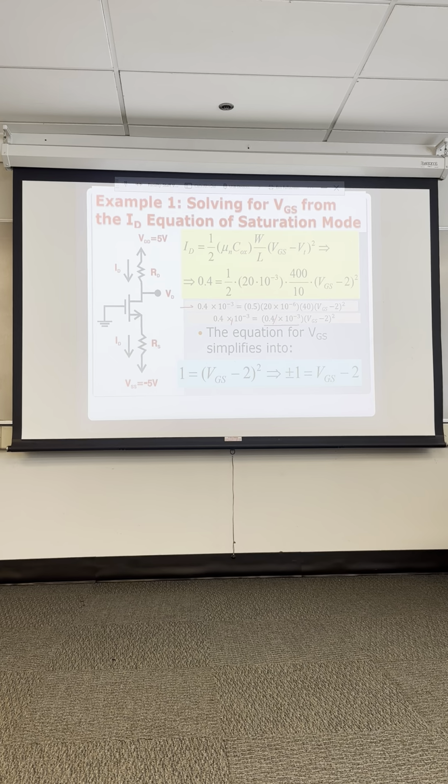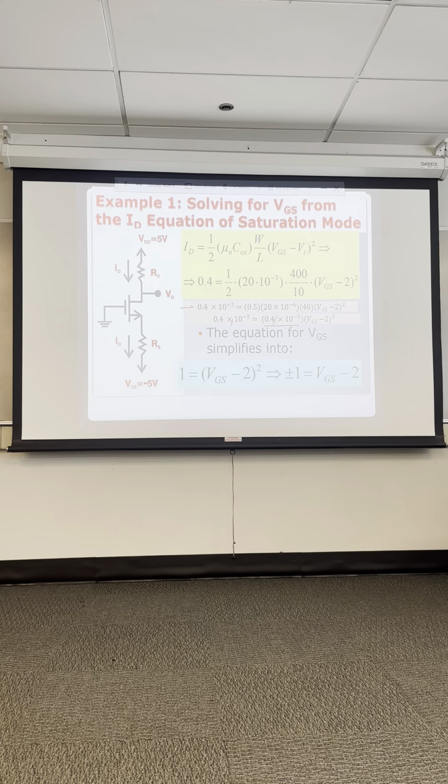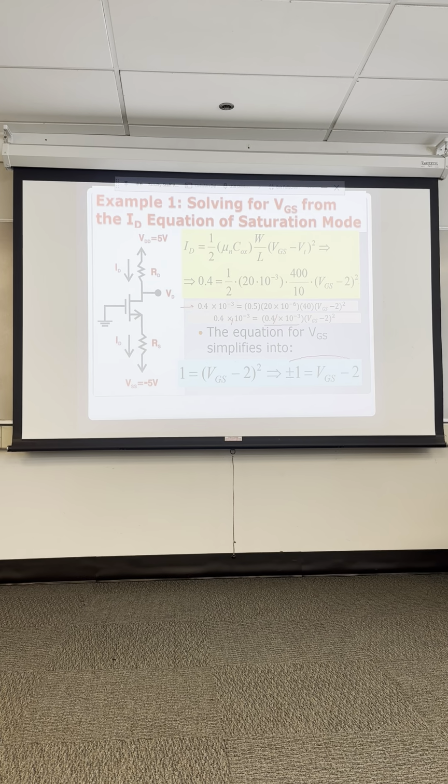So what are the solutions for this equation? If we solve V gate to source minus 2, we came close to a quadratic here.